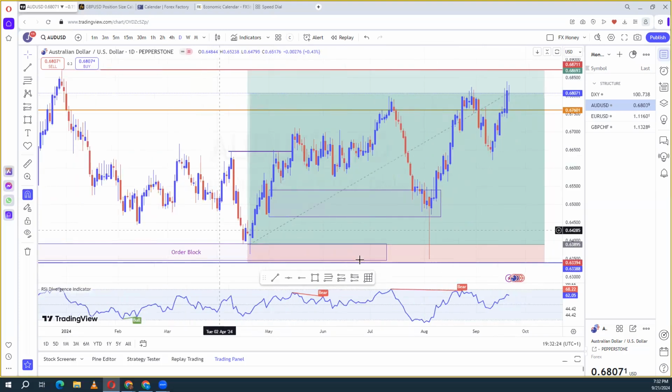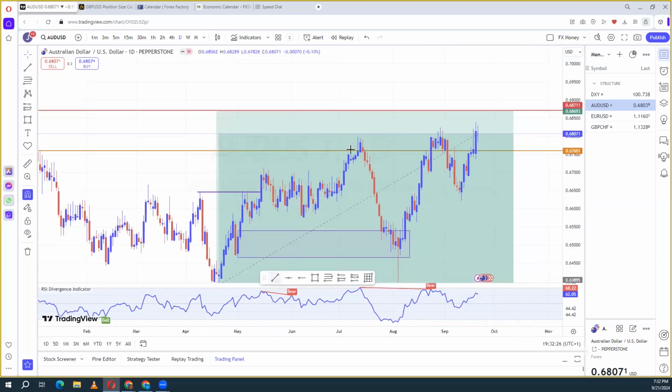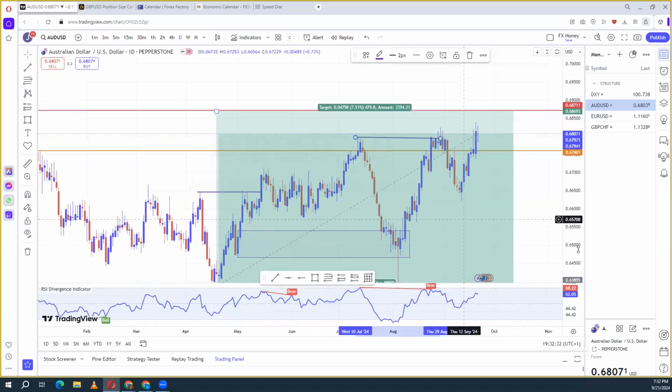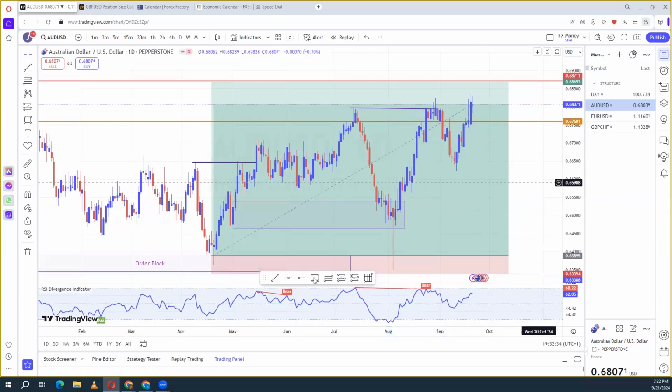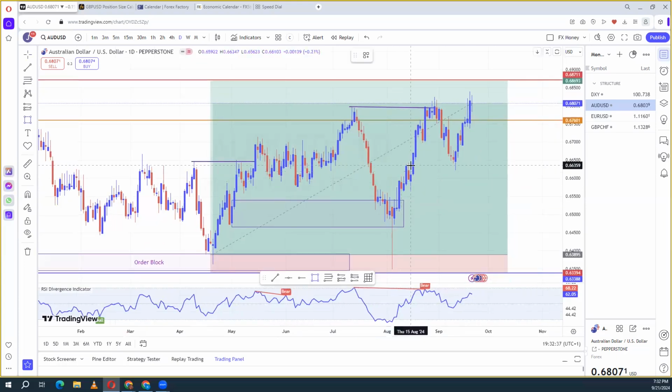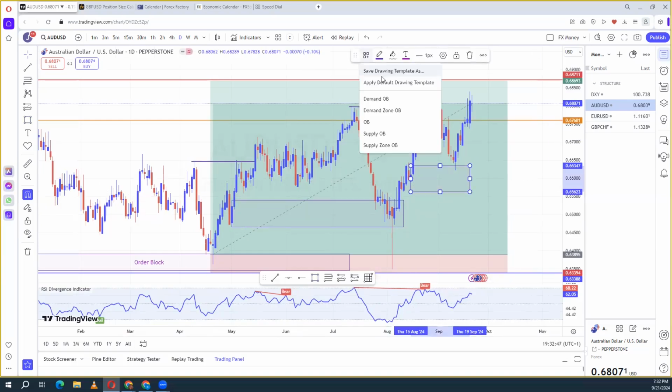So even if you missed all this, after this little high here was taken out by this one, it gave you another opportunity down here. This was imbalanced. So that means this candle here is a good demand zone, which the market respected.